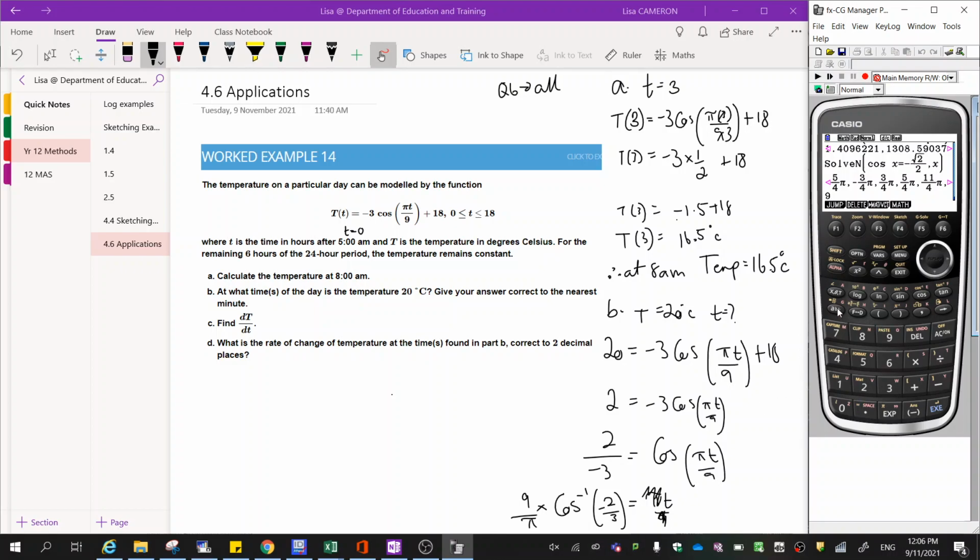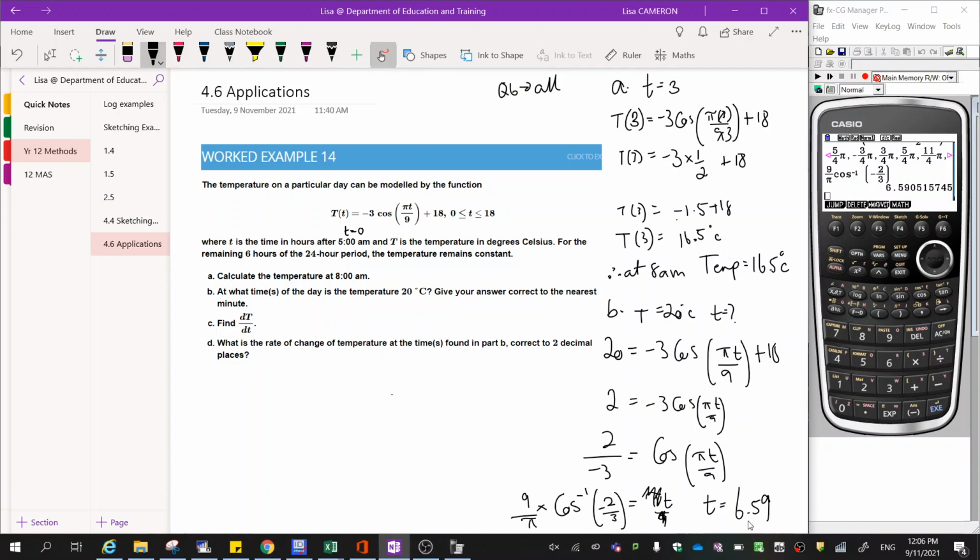So 9 divided by pi, execute. Okay, so that's when our time is equal to 6.59. Okay, so looking pretty good so far.